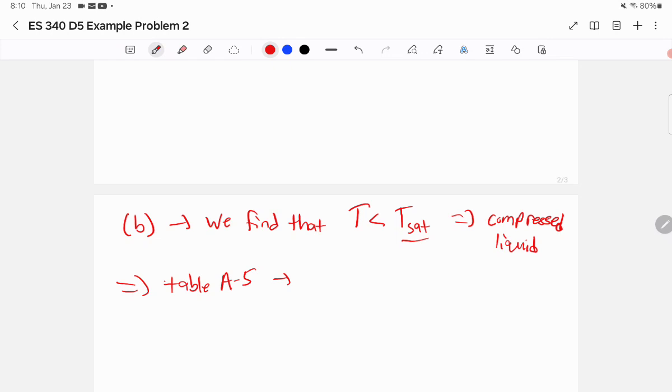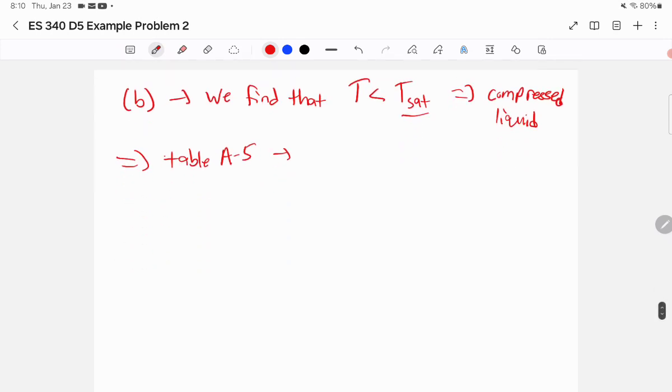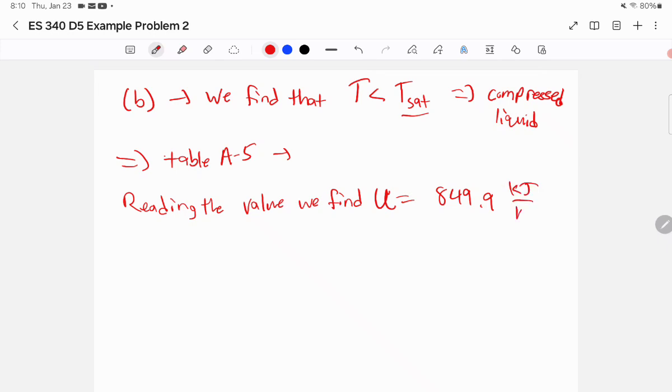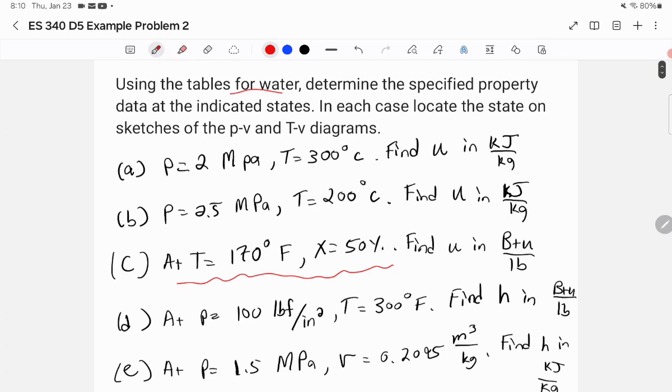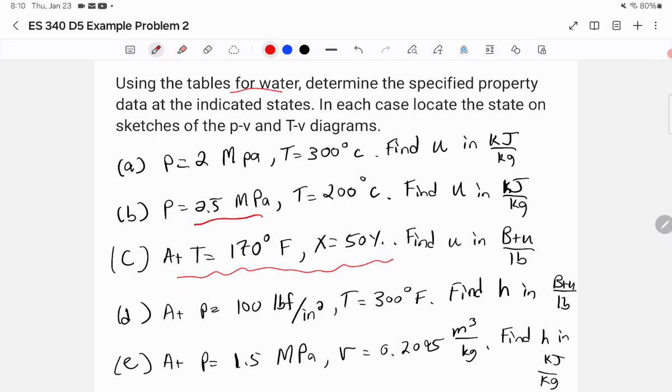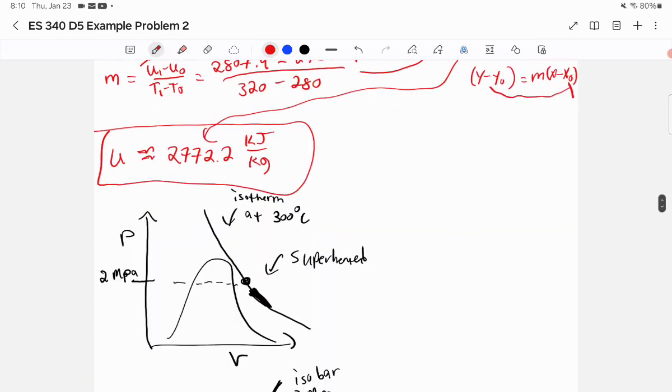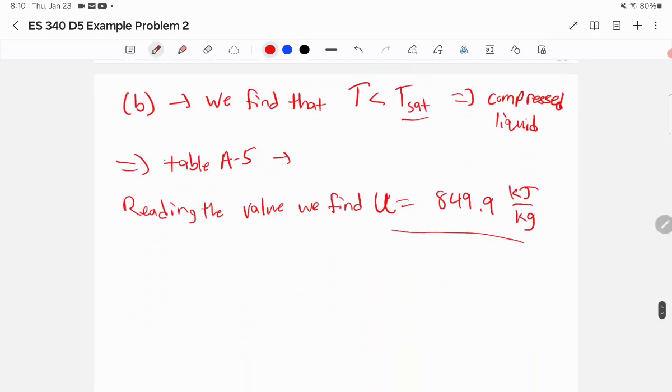And we can read the value. We find U, which was what we were looking for, is 849.9 kilojoules per kilogram. So the idea up here, 2.5 megapascals, 200 degrees Celsius. We can read that right off of table A5, and we find that U, in that case, is 849.9 kilojoules per kilogram. Great.